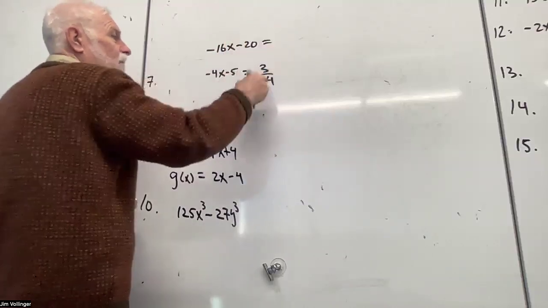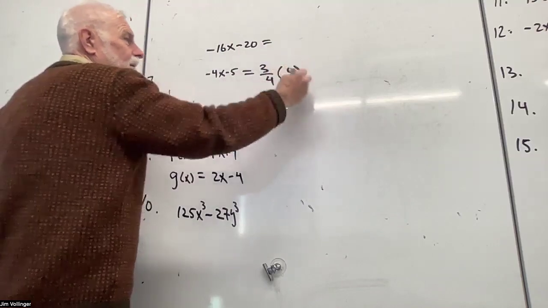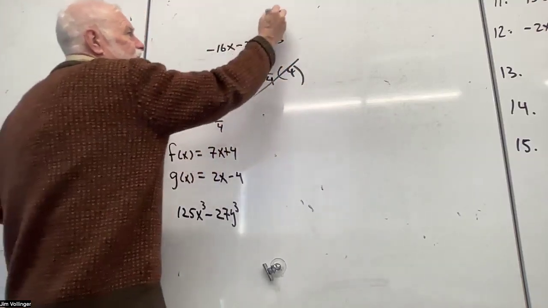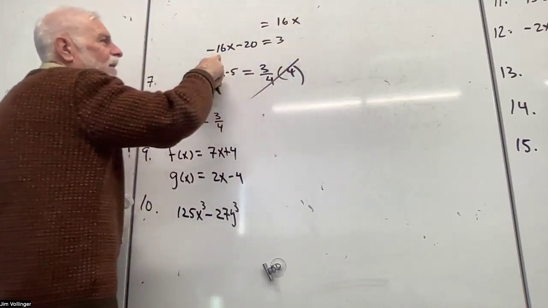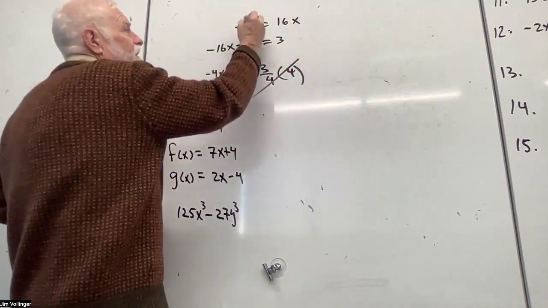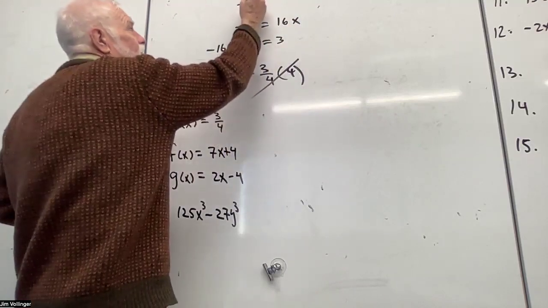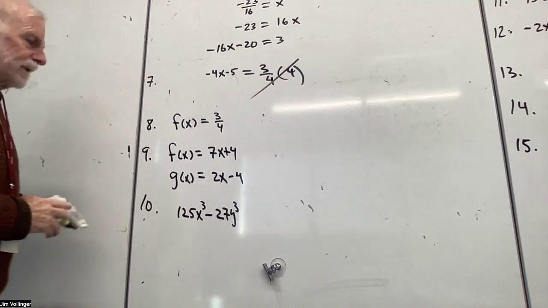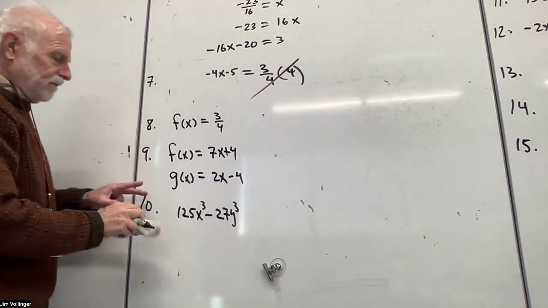Minus 20. If I multiply this by 4, I hope everybody can see that cancels. And therefore, I'm going to bring the 16x to the other side. I don't like dividing by negatives. And I'll make this minus 23. And now I can see minus 23 over 16 is the answer. That takes care of this one.